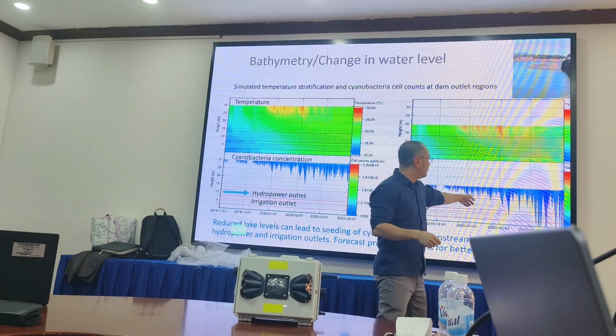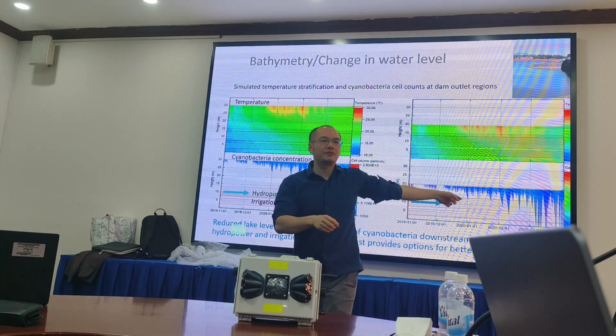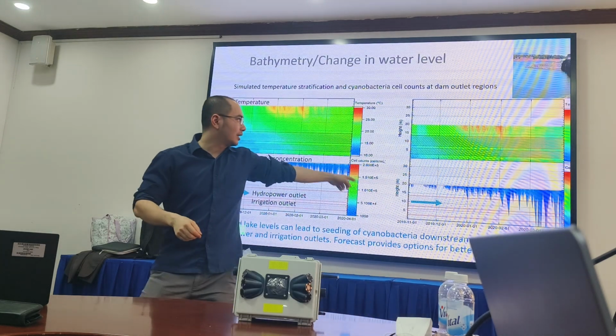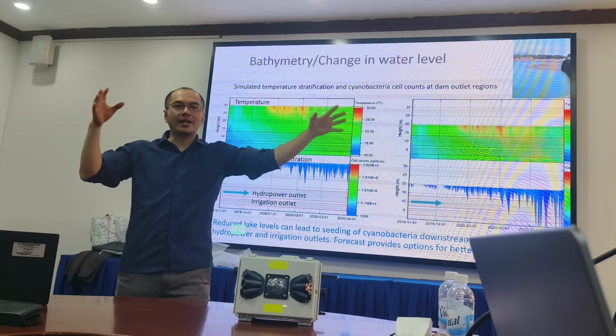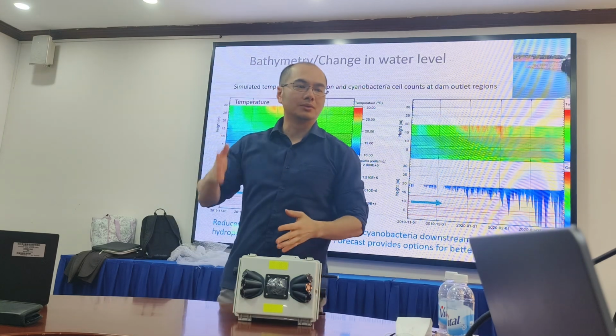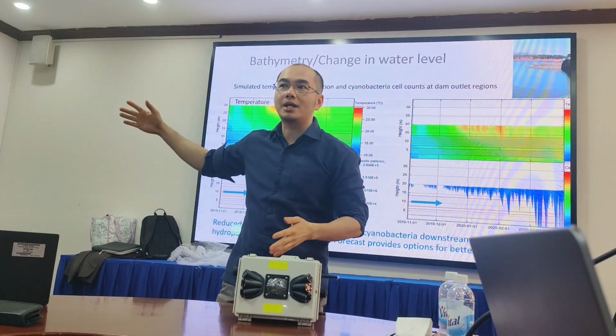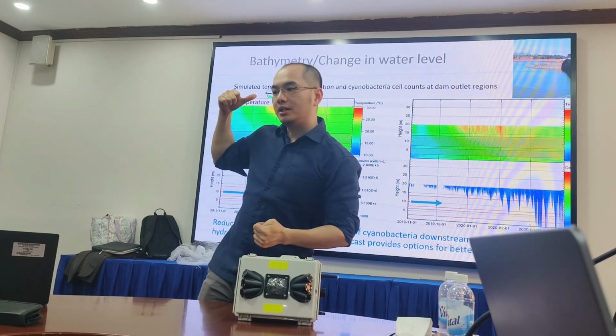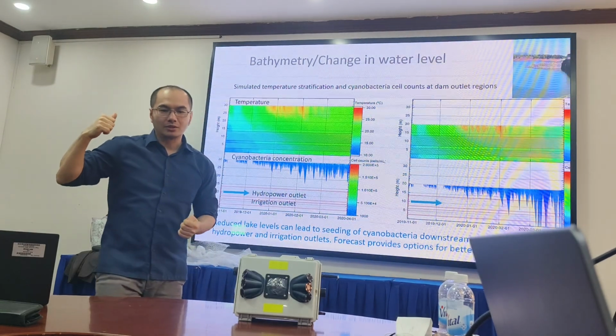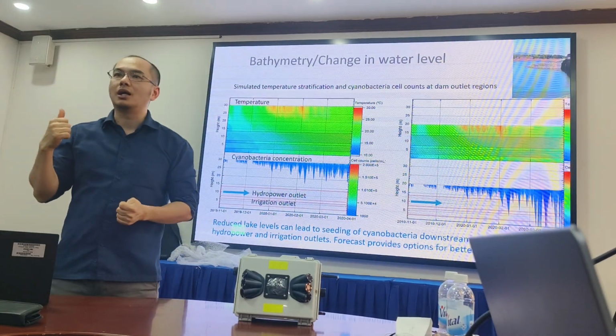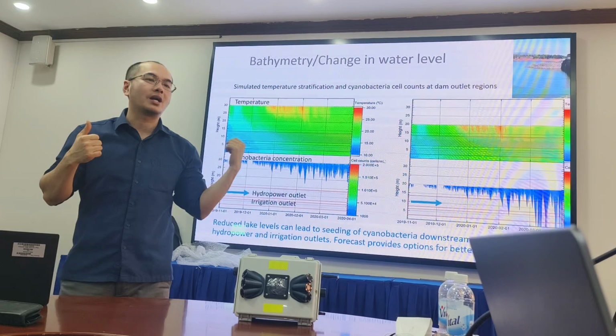You can see the stratification, the RVs, and then it goes there. Then the dam operation will know that you need to shut down the dam and not release the water out. I think it has a very good practical application for dam operation.